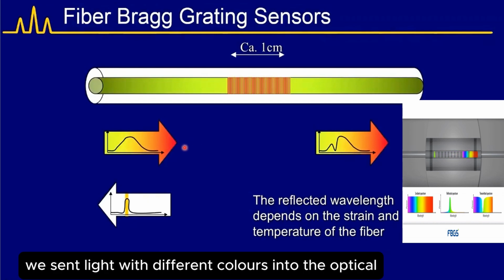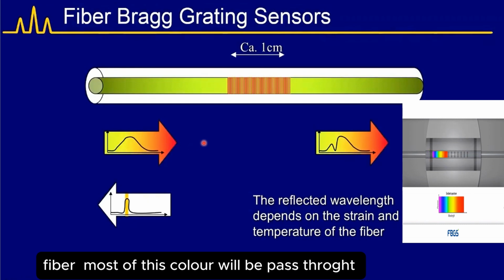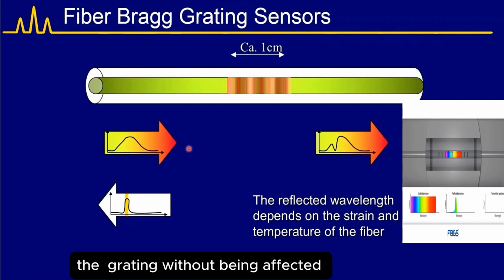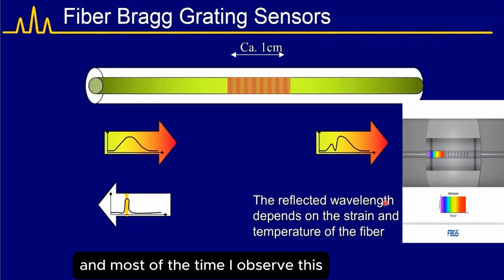So we send light with different colors into the optical fiber. Most of these colors will pass through the grating without being affected.